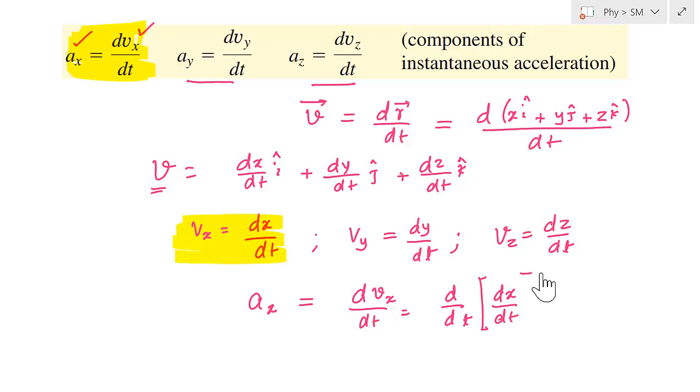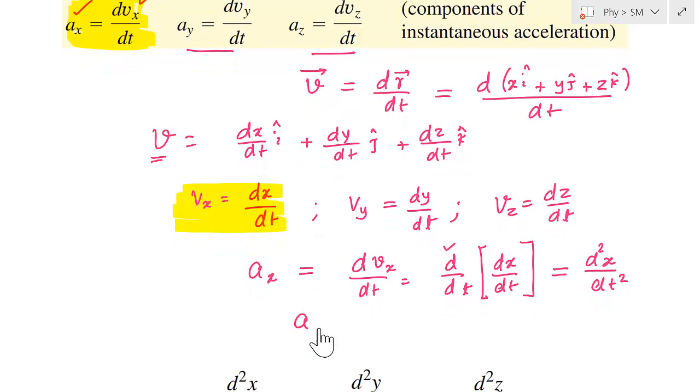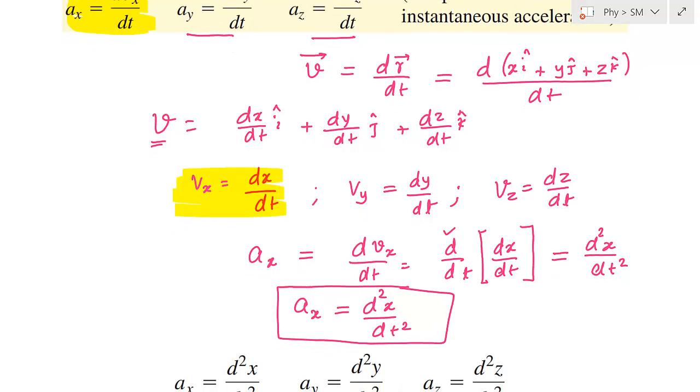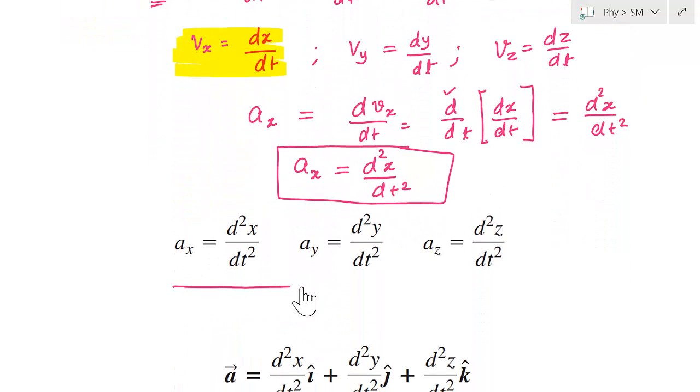So I have to differentiate x first time, and then I have to differentiate it again. So I can write simply d2x by dt square. So now I have an expression in which acceleration is directly related to position vector, in this case only the x direction. So we can write ax is equal to d2x by dt square, ay is equal to d2y by dt square, and similarly I can write the expression for az.